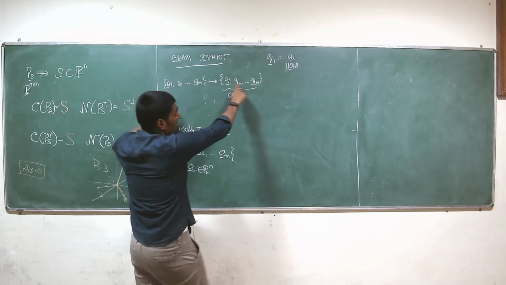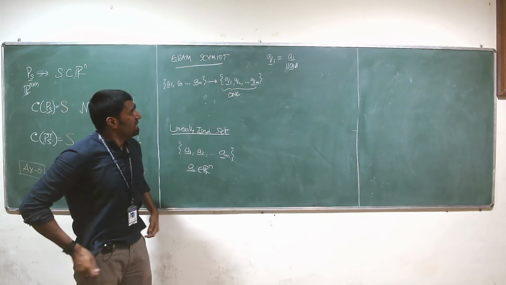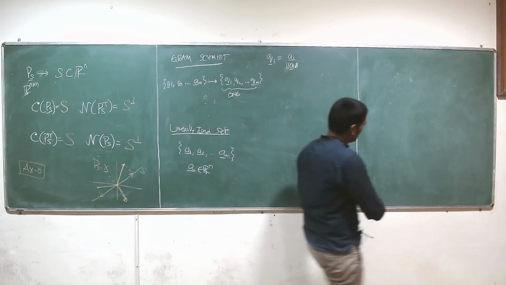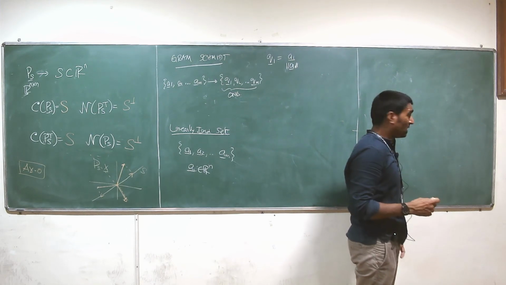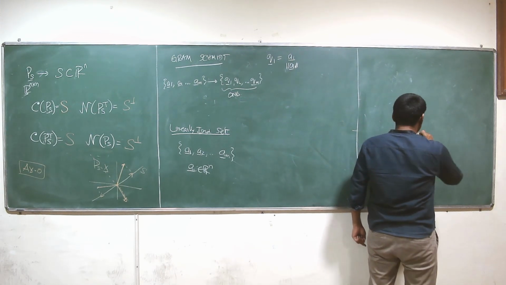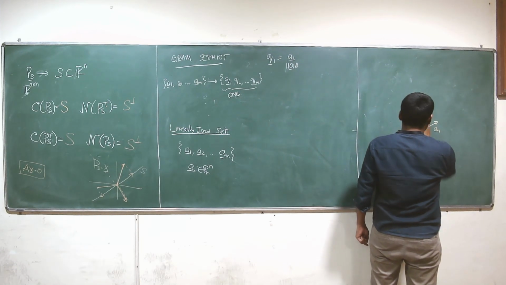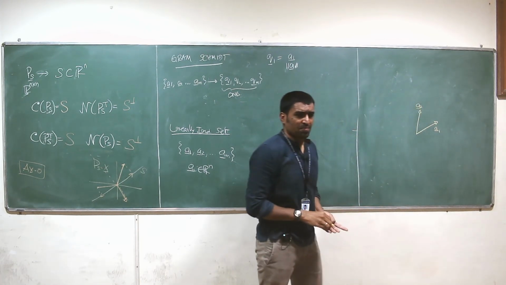You take A1 and you simply normalize it, and you've got your Q1. The next thing you do is this. Let me draw the picture here. Let's say we're talking about R2 and we want an orthonormal basis for R2. The basis we have is this. This is A1, and this is A2. This is not an orthonormal basis.